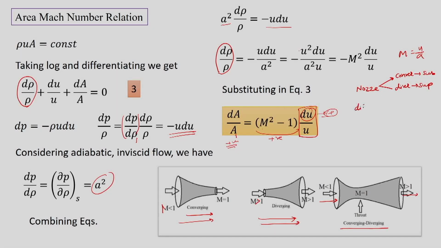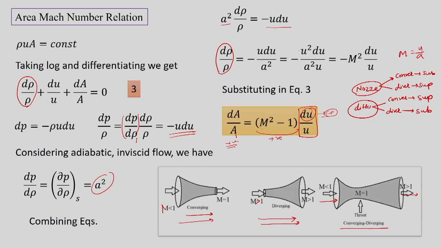Similarly, we have a diffuser, and this diffuser will be a converging section if the flow is supersonic, but this diffuser is a diverging portion if the flow is subsonic. So, nozzle and diffuser are the two devices where the flow is going to have a certain fixed variation of pressure and velocity. In case of nozzle, velocity will increase and pressure will decrease, and in case of diffuser, pressure will increase and velocity will decrease.